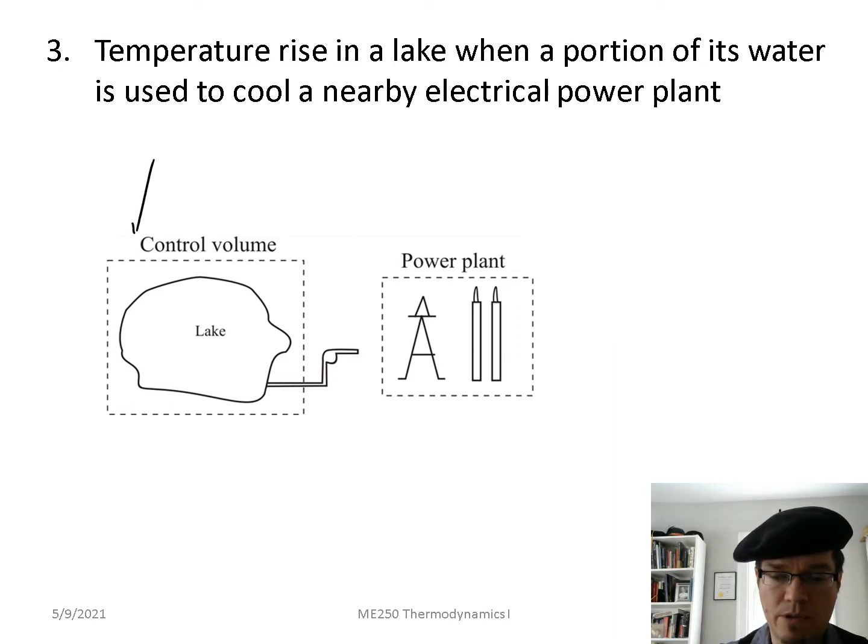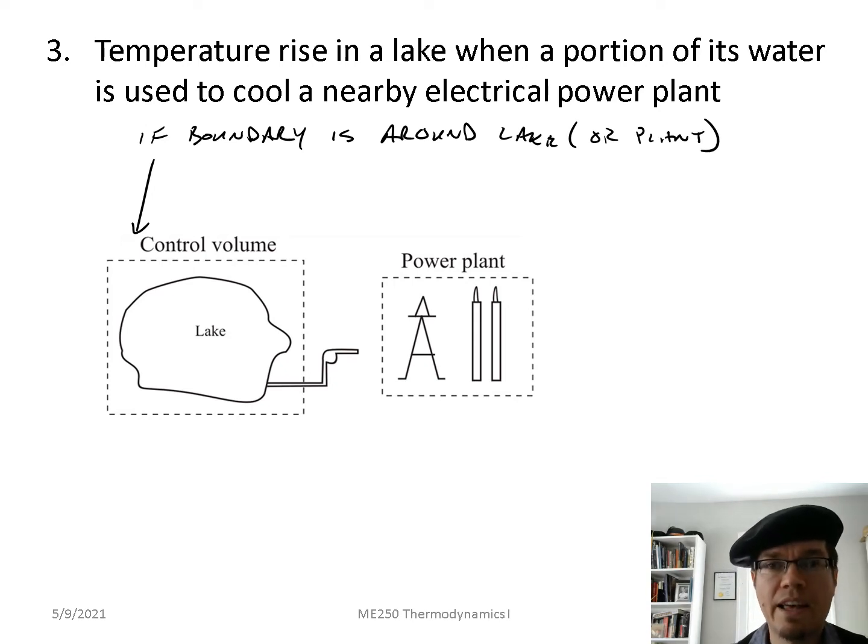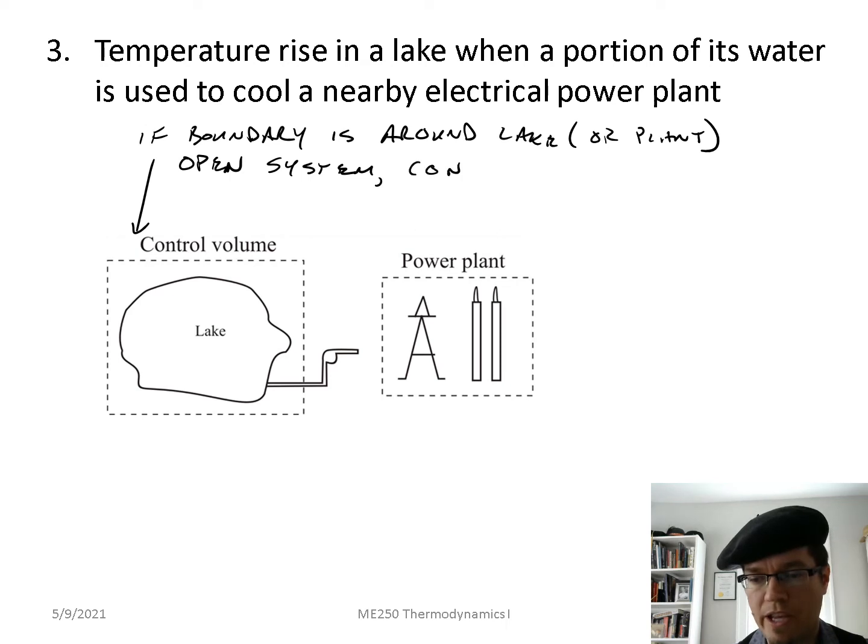So if your boundary is around the lake or the plant, then it's a control volume. It's an open system. Water can flow in and out of the lake. Water can flow in and out of the power plant. So it's an open system. And therefore, we model it with a control volume.